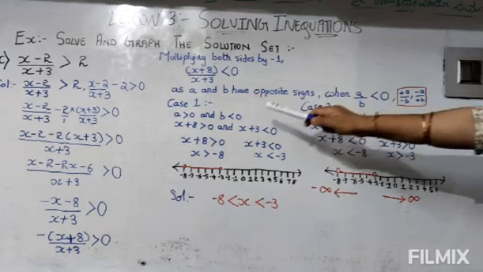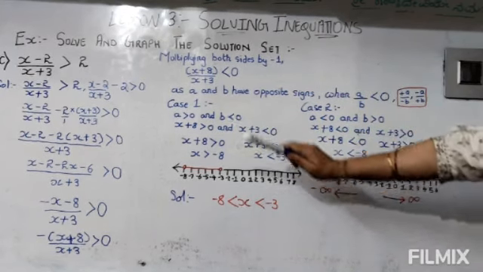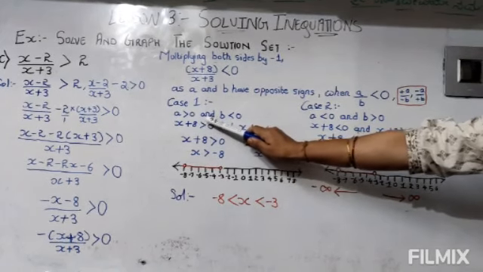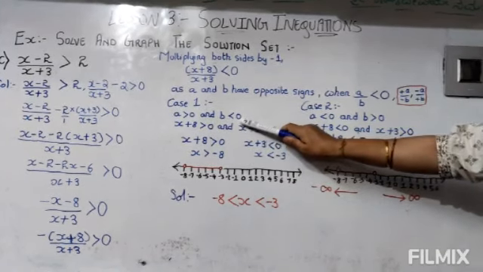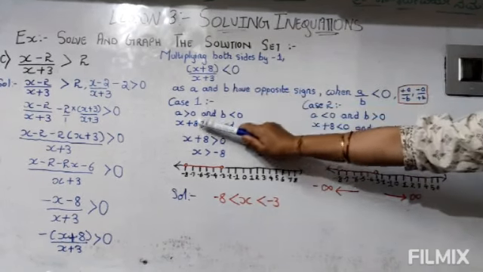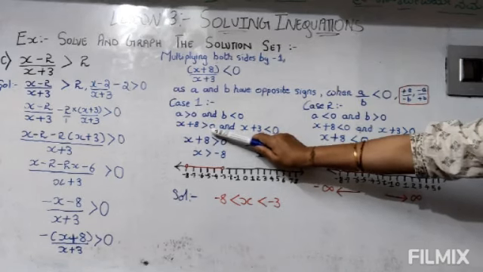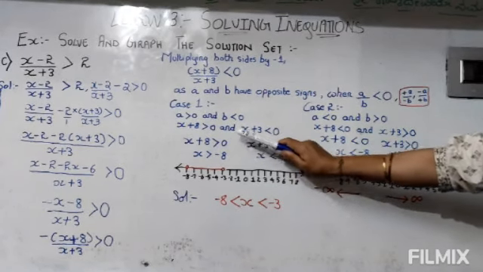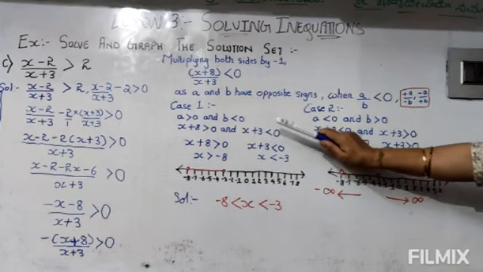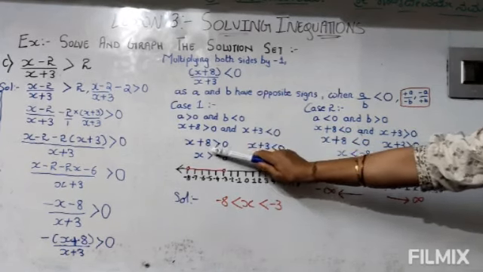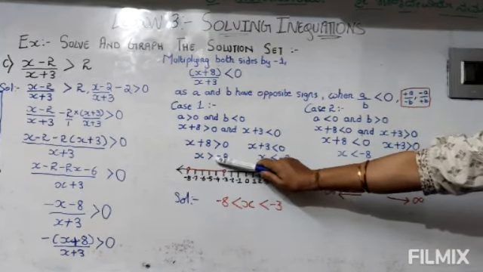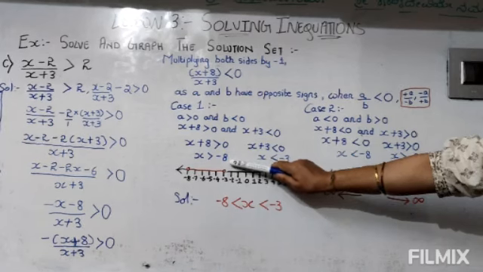Let us take case 1. Let us take A greater than 0 and B less than 0. A means x plus 8 greater than 0, and x plus 3 less than 0. X plus 8 greater than 0 gives x greater than minus 8.